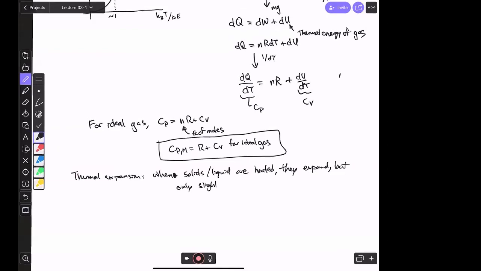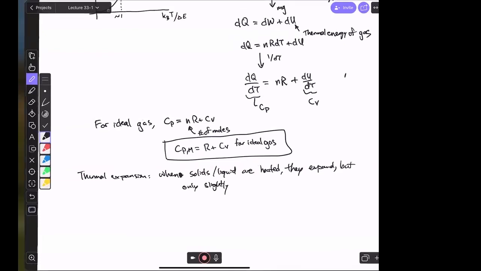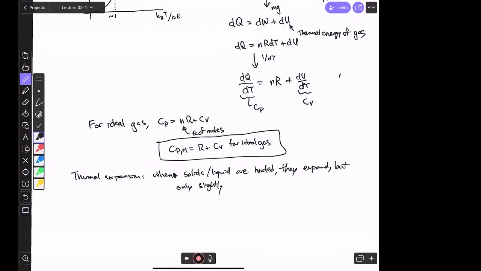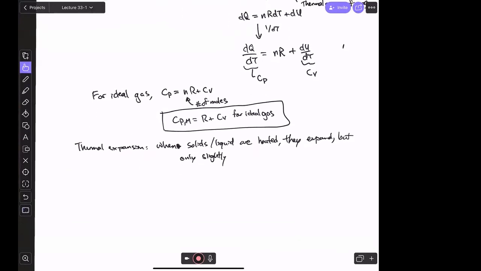I'll look it up during the concept test, but it's a very small amount. So let's say for a typical temperature change, it's going to be much less than 1% of expansion, whereas for a gas, when you heat it up, it could expand quite a bit.